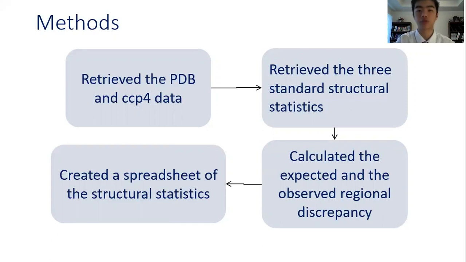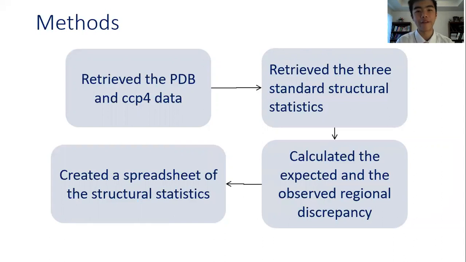Now for the observed discrepancy, there were similar steps taken. For the first step, I got a list of voxel discrepancies, but this time not for the entire PDB entry, just for that particular region. Then I found the significant density cutoff using a similar process to how I found the cutoff for the expected discrepancy.